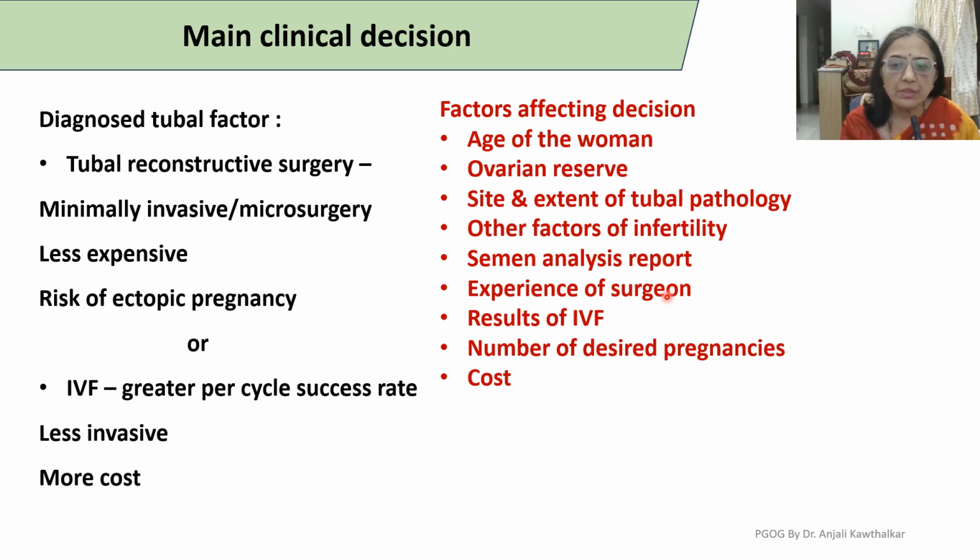Experience of the surgeon will affect the outcome. Results of IVF of a particular center will also affect the outcome, and that is also one of the factors. Number of desired pregnancies by the patient: if she wants to conceive multiple times, it is better to proceed with the reconstructive surgery rather than IVF, because with IVF the procedure will be more expensive.